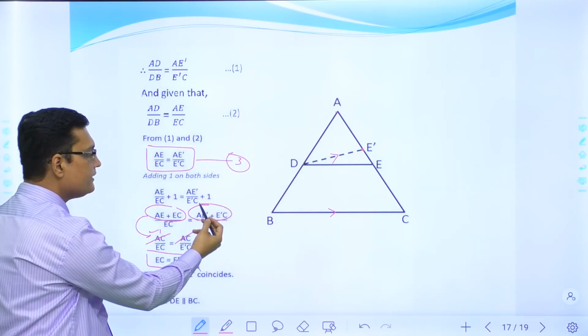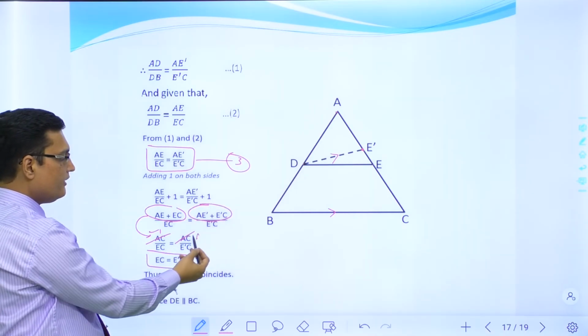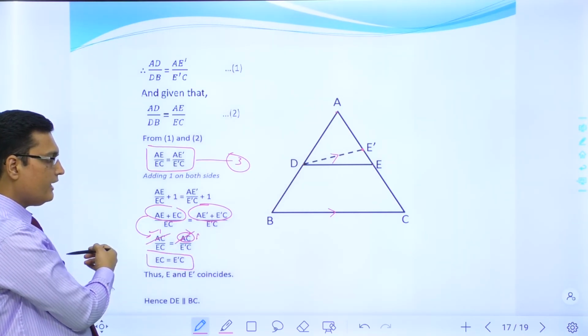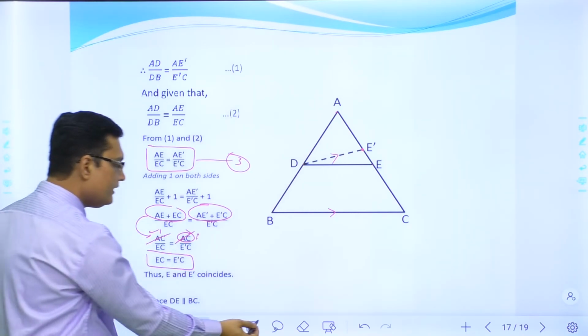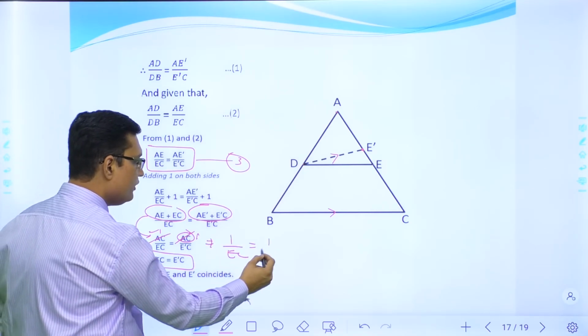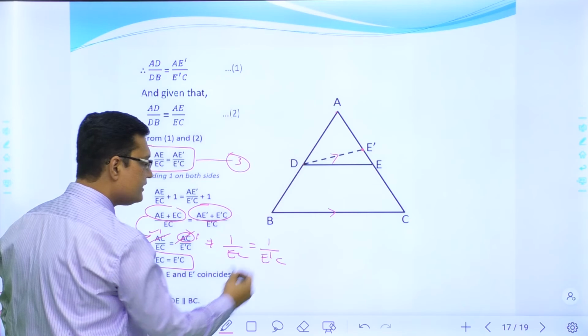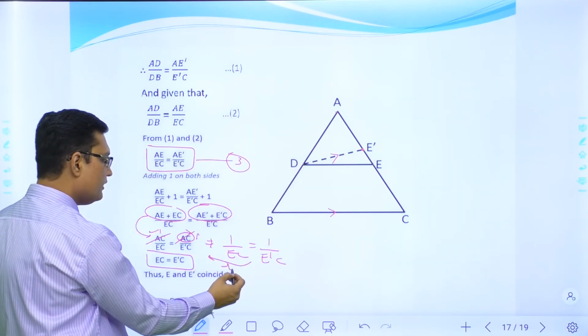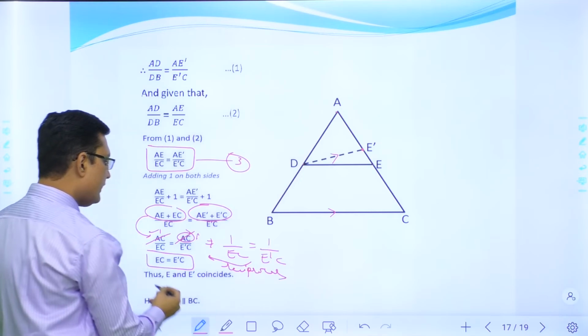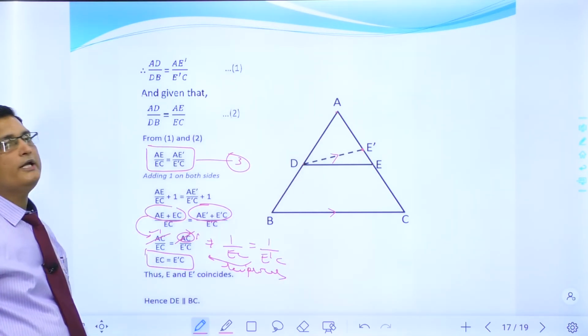Here AE dash plus E dash C will give you AC. AC and AC we are cancelling, and it will come 1 upon EC is equal to 1 upon E dash C. After reciprocal, you can say EC is equal to E dash C.